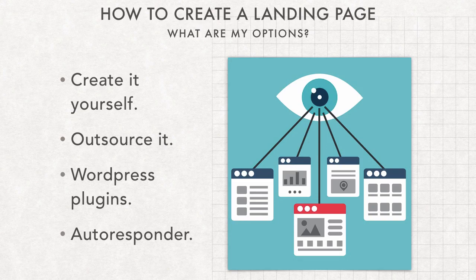Plugins such as Thrive typically have an upfront cost with no recurring fees, which can be quite good, and they will continue to update the product, and you'll get the benefit of that without any further cost. So that is an option. Now, the last option is that you can utilize some of the features within your autoresponder to create landing pages, and I'll explain more of this shortly.